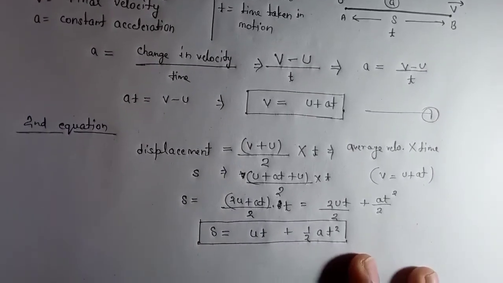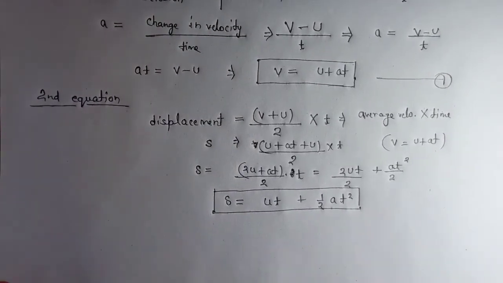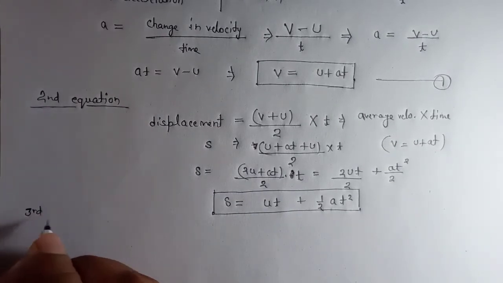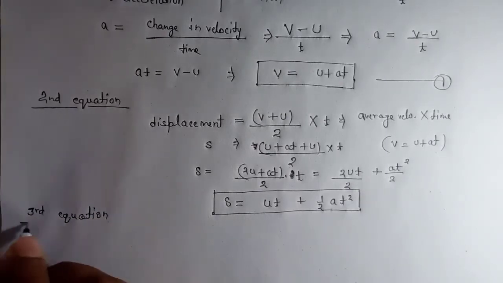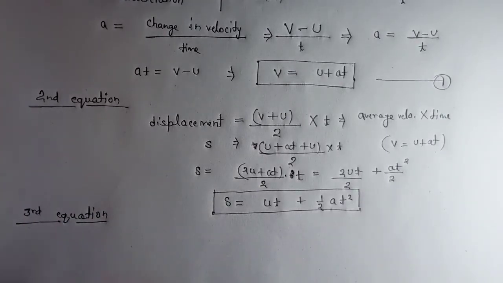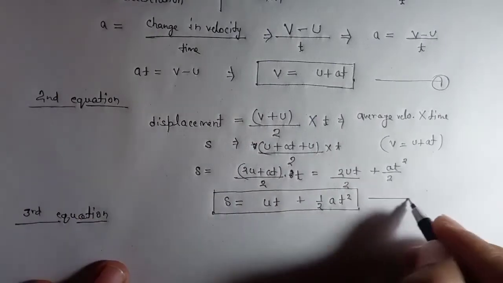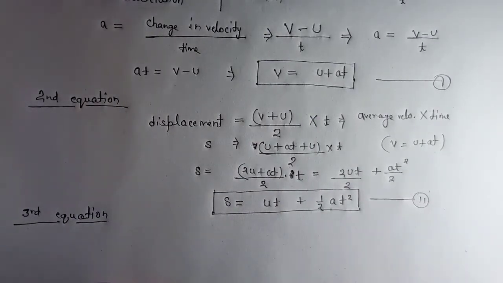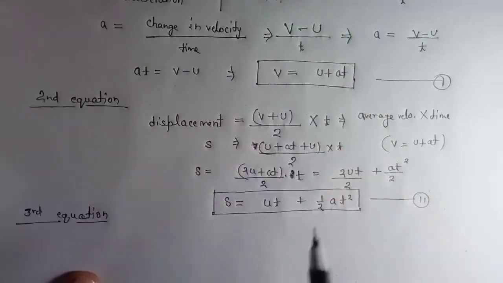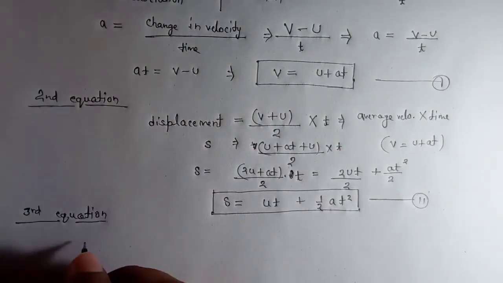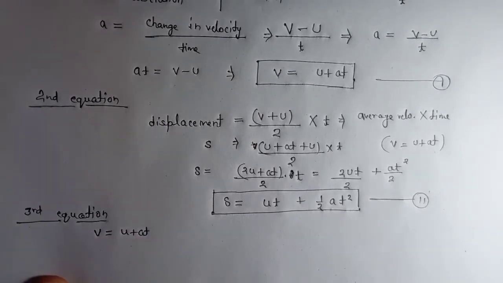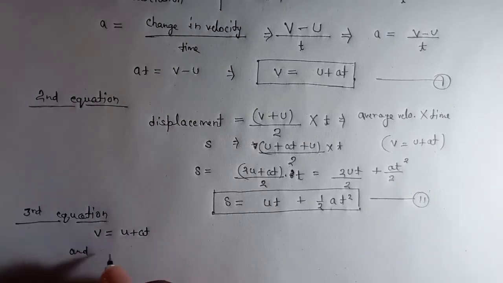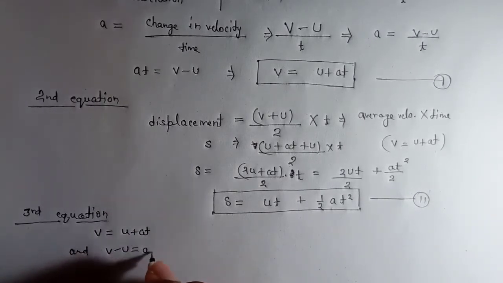And for the derivation of the third equation of motion, you know what? From equation first, we can write v is equal to u plus at, and therefore we can write v minus u is equal to at.